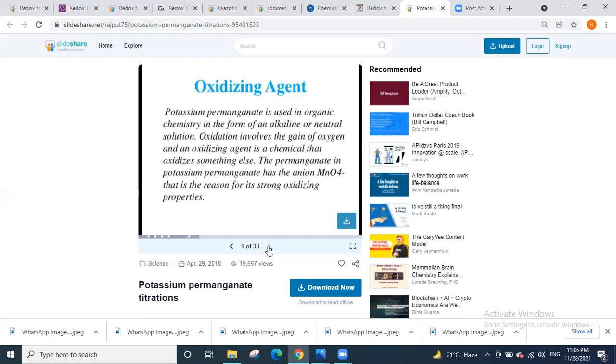Because the redox potential of KMnO4 is more than that of potassium dichromate, potassium permanganate acts as a strong oxidizing agent.